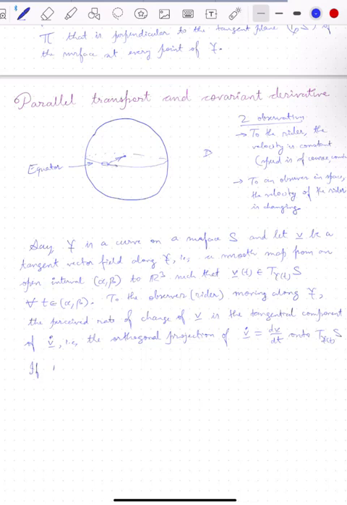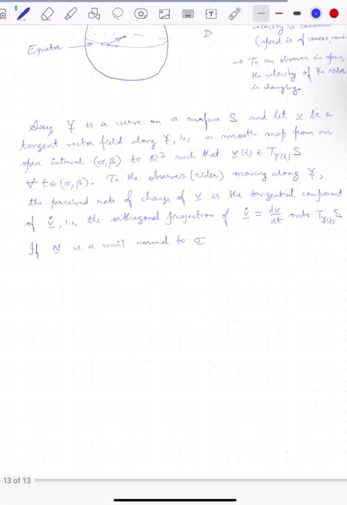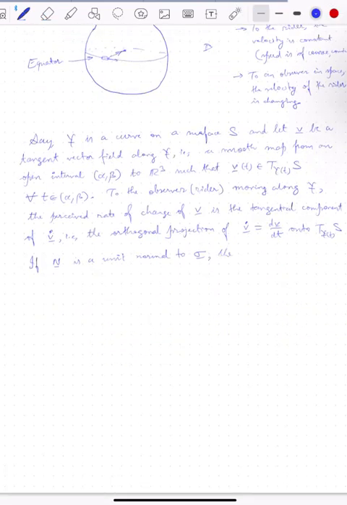Now, if n vector is a unit normal to the surface, then the component of V vector which is perpendicular to the surface is (V dot n) n vector.